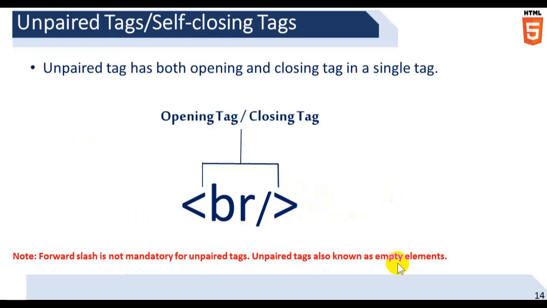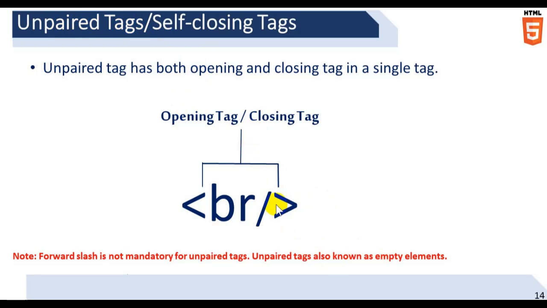Whenever it is a paired tag, with the content and the opening and closing tag, we call it an HTML element. For a self-closing or unpaired tag, we call it an empty HTML element. Remember this, guys. And this forward slash is not mandatory.